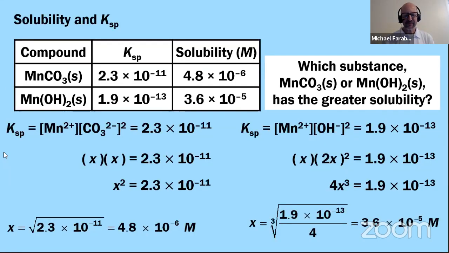So look at that. It turns out that the solubility of the manganese hydroxide is actually greater. So this would not be an easy question to answer without doing the math. Therefore, the important point I want to make is to pay attention to how you set up your Ksp problems.